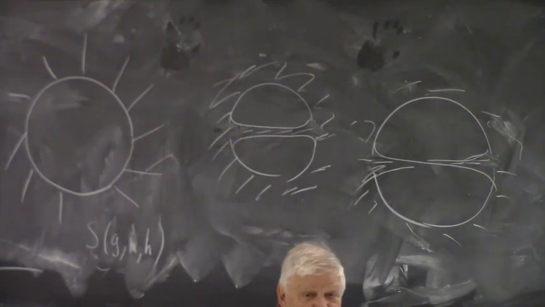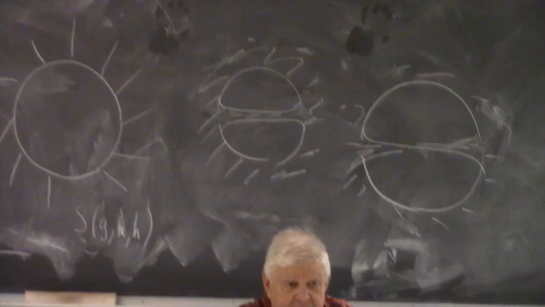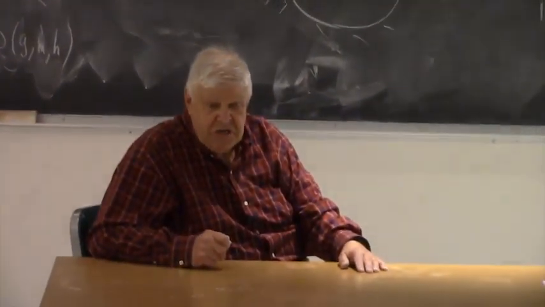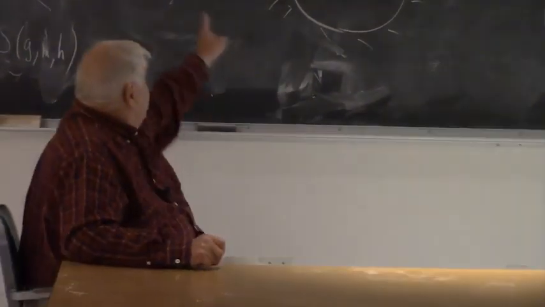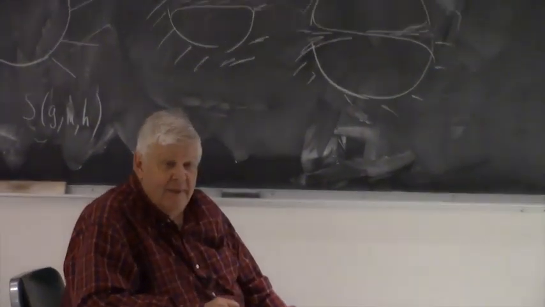So let's guess. My surface was one component. We did not even look at other components. It was S, G, M, H. If we do this, what happens? What do we get?